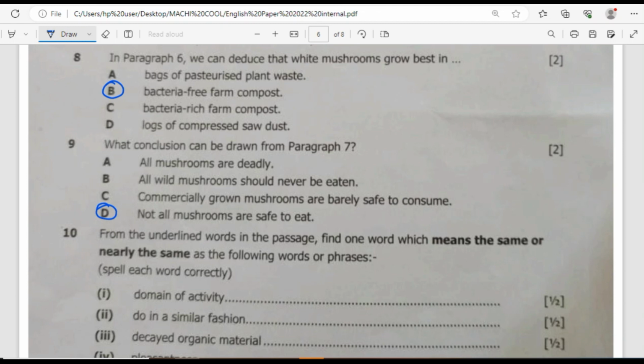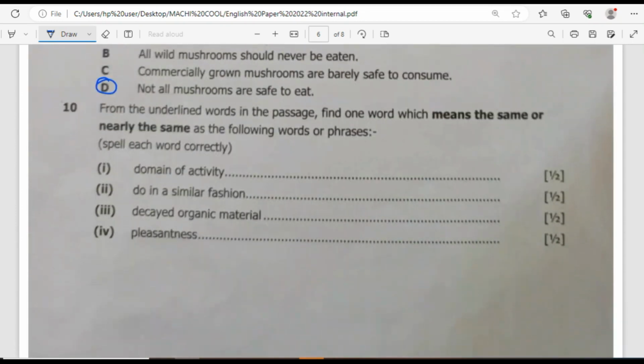So from the underlined words in the passages, find one word which means the same or nearly the same as the following words or phrases. Domain of activity. What word could mean that from the words we named? The word is realm.